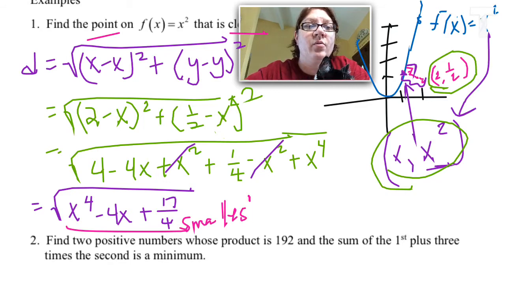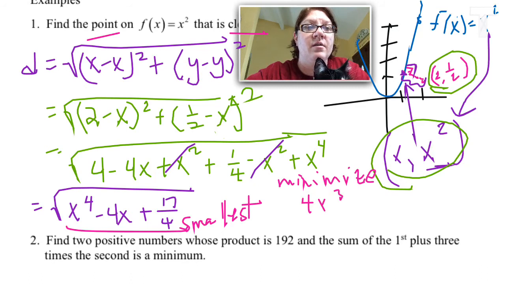So I'm now going to work with the inside, and I would want to minimize that, so that means I'm going to need to take the derivative so that I can find critical points. So the derivative of that inside looks like this.